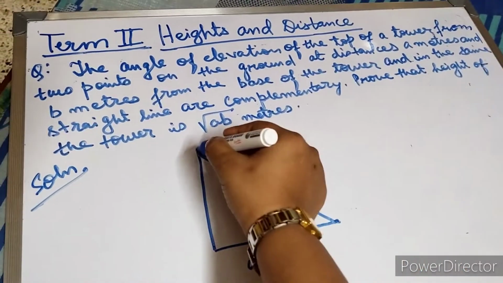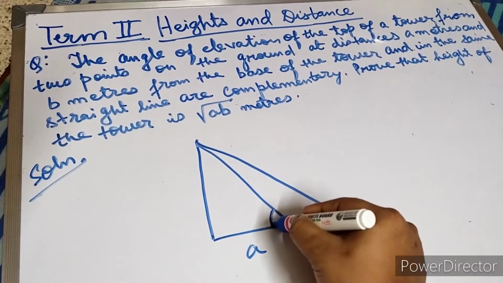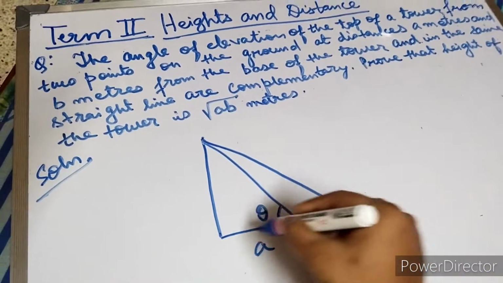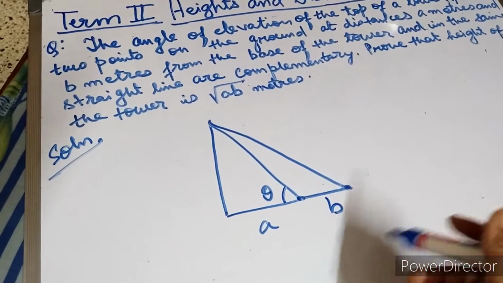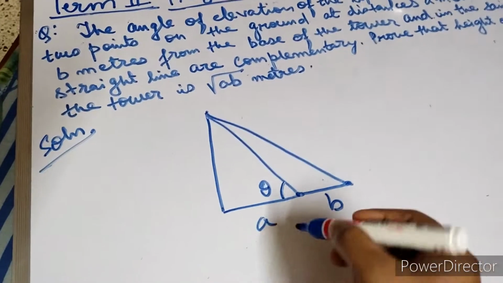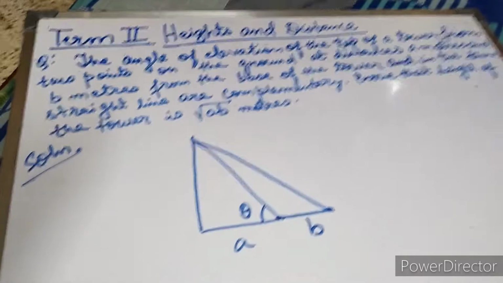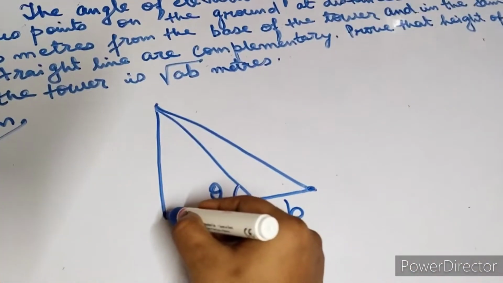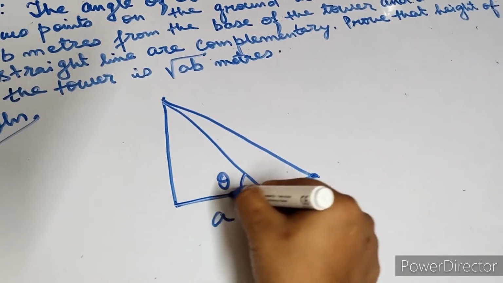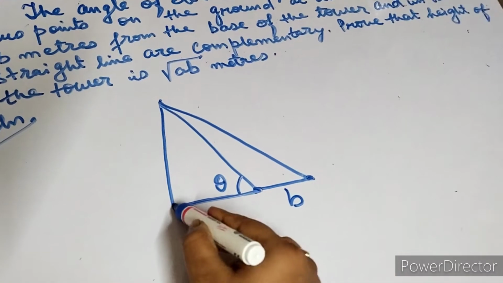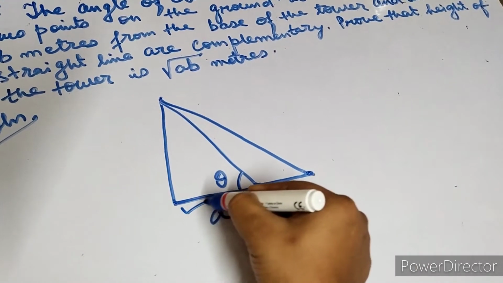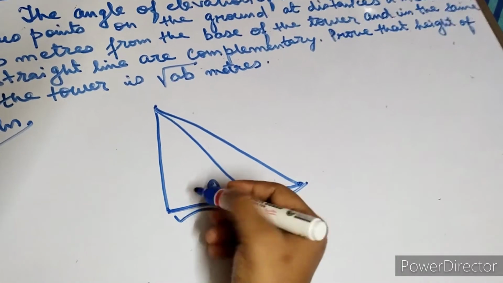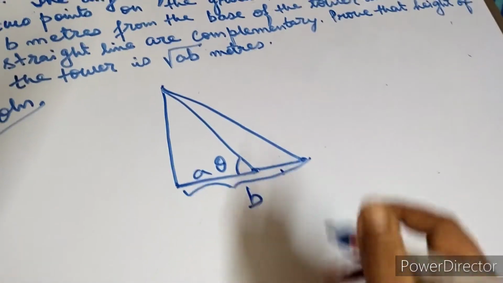When the first boy is looking at the top of the tower, he finds an angle, suppose theta, and the second boy is standing here at a distance B meters from the tower. So this distance is A, and from here to here it is B.